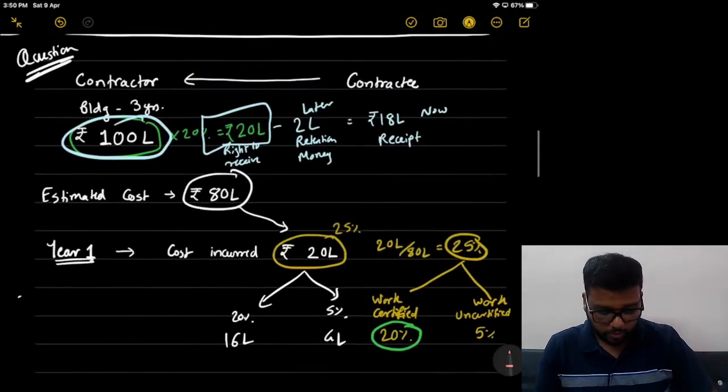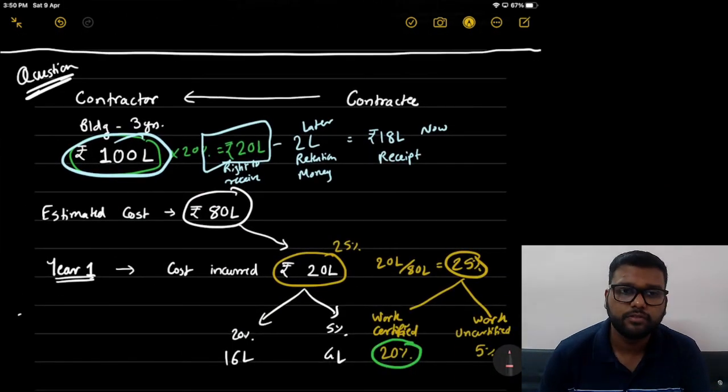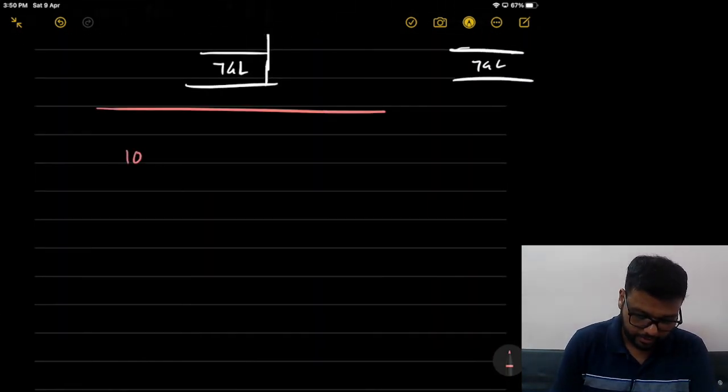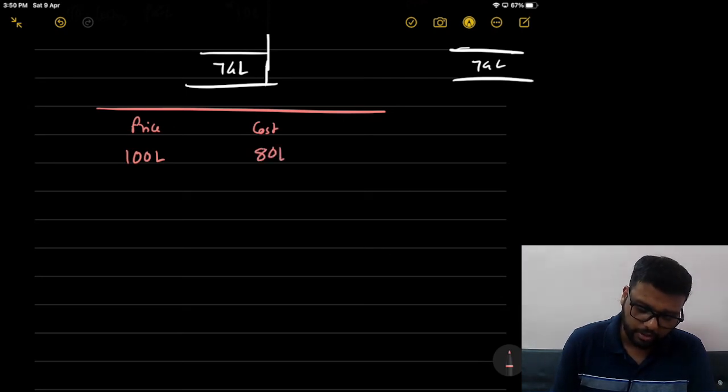What was our total contract price? 100 lakhs. What was our total cost estimated? 80 lakhs. So what is our total profit estimated? 20 lakhs.